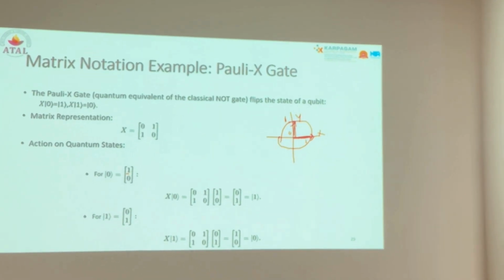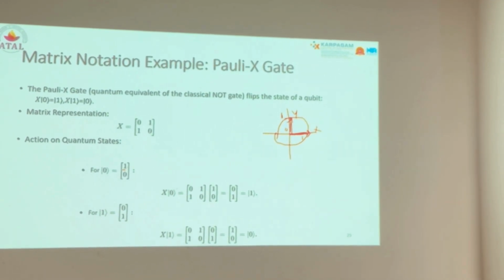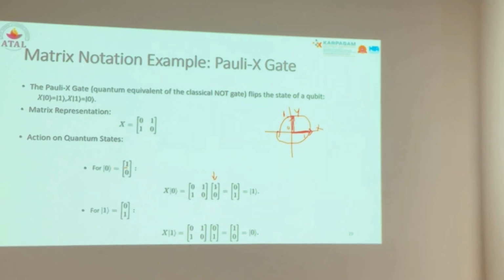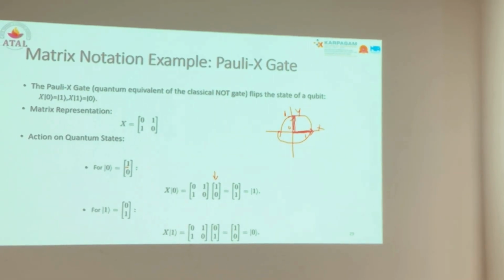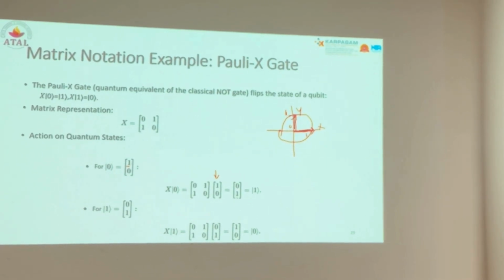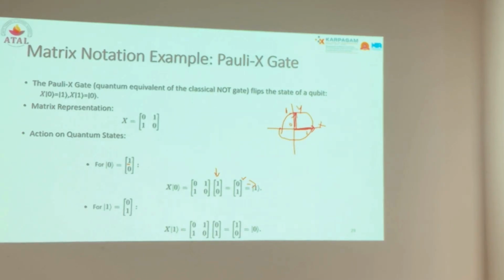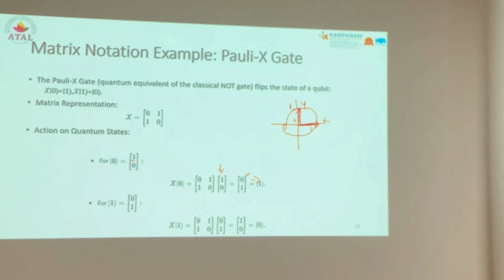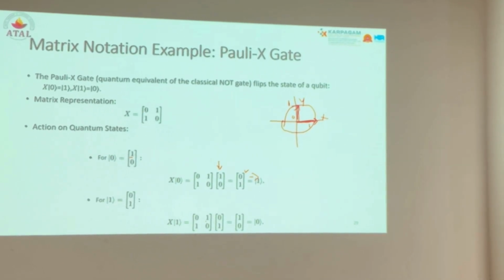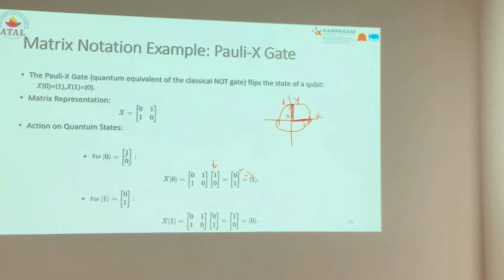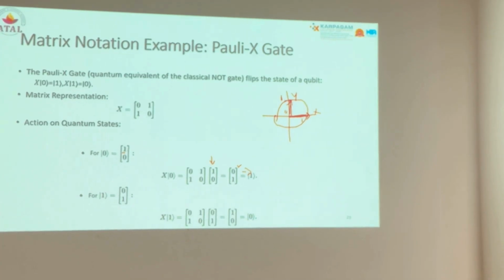When you apply the tensor product with X, you multiply these two matrices and you will get 0, 1. This 0, 1 means the value of quantum bit 1. When you apply the tensor product between X and 1, you will get 0.